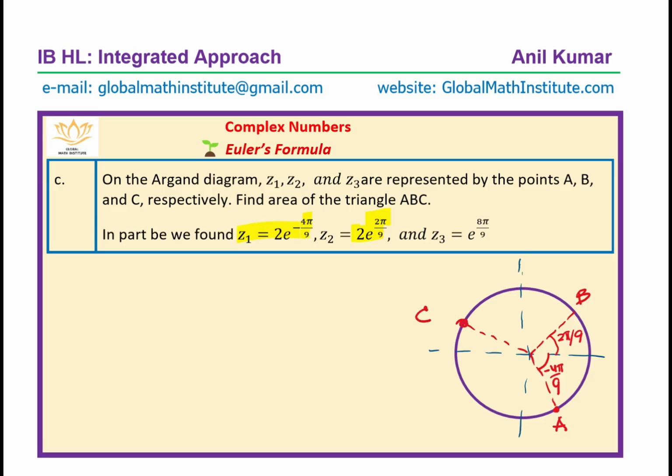C. So 8 pi by 9 from here. These are three points on the circle with radius 2. Let me write minus 2 and 2 here. Makes sense. So that becomes our Argand diagram, and we have a triangle whose area we need to find.